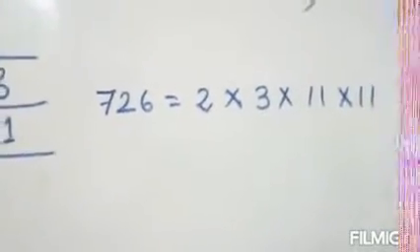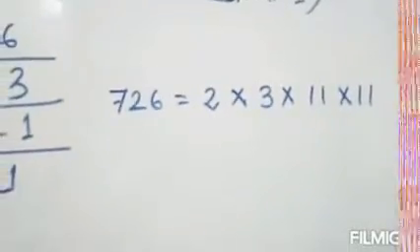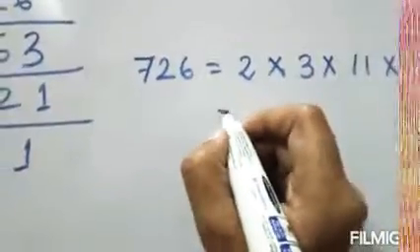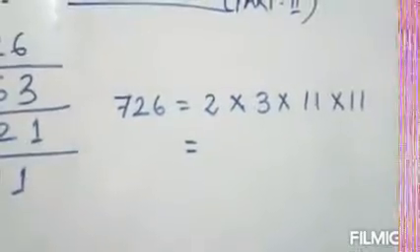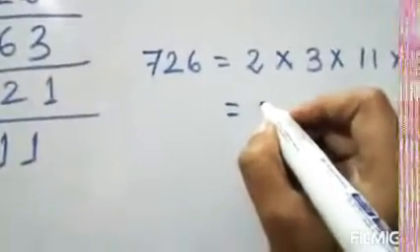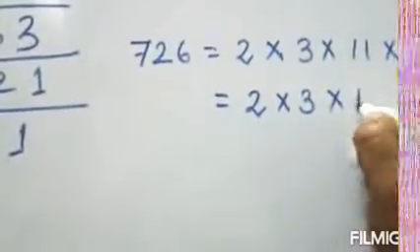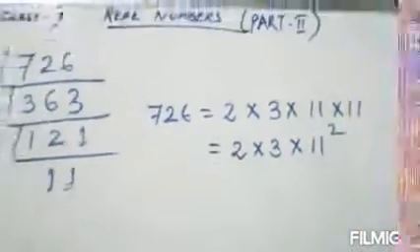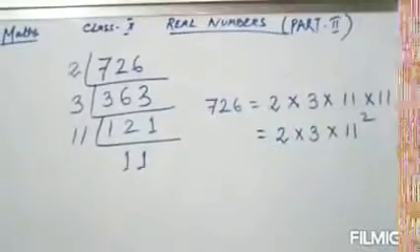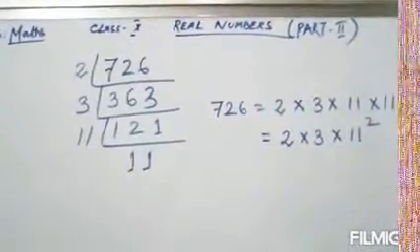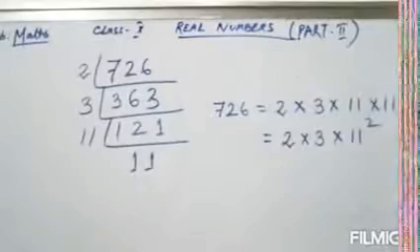Shall I write it this way? This is the way children of classes 4, 5, 6, 7 write. How will I write as I am in class 10? 2 into 3 into 11 to the power 2, right? So this is the method of prime factorization.